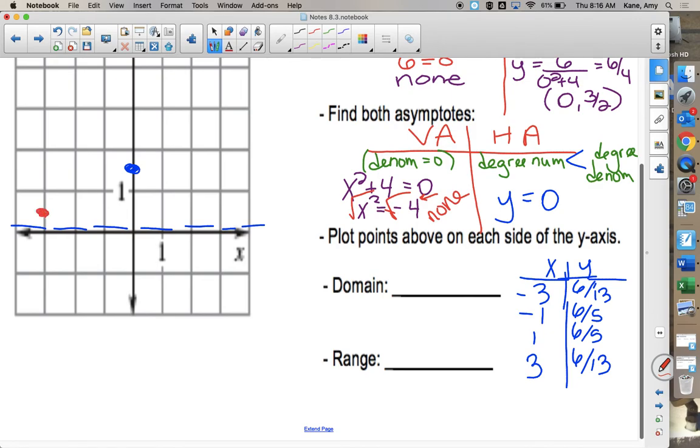And then over to negative 1, you're going to 6/5, which is a little bigger than 1. On the other side, at positive 1, we're a little bigger than 1. And then at 3, we're around a half. Try and make this curved. And then it skims along your axis.